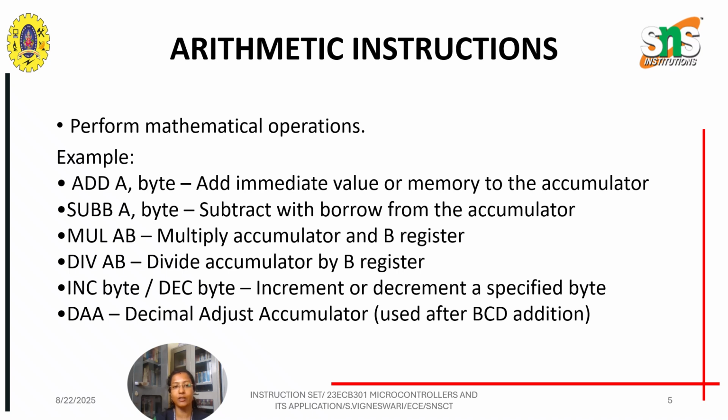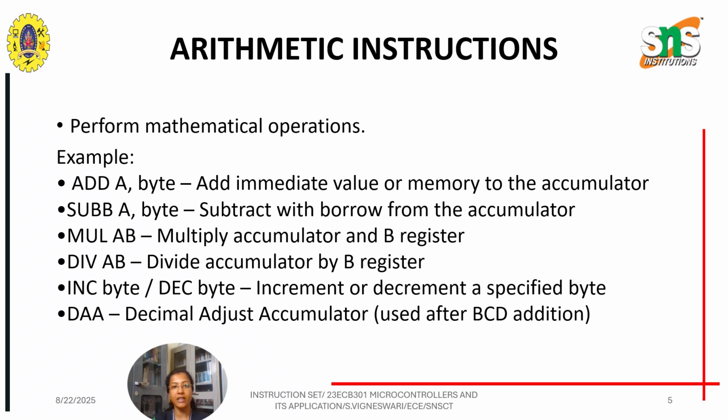Next comes the arithmetic instruction. Arithmetic instructions are used where we are going to perform arithmetic operations, and this acts as a foundation in embedded systems. For example, ADD A, byte adds the data value to the accumulator. SUBB A, byte performs the subtraction operation with borrow from the accumulator. MUL AB performs the multiplication between the accumulator and the B register.